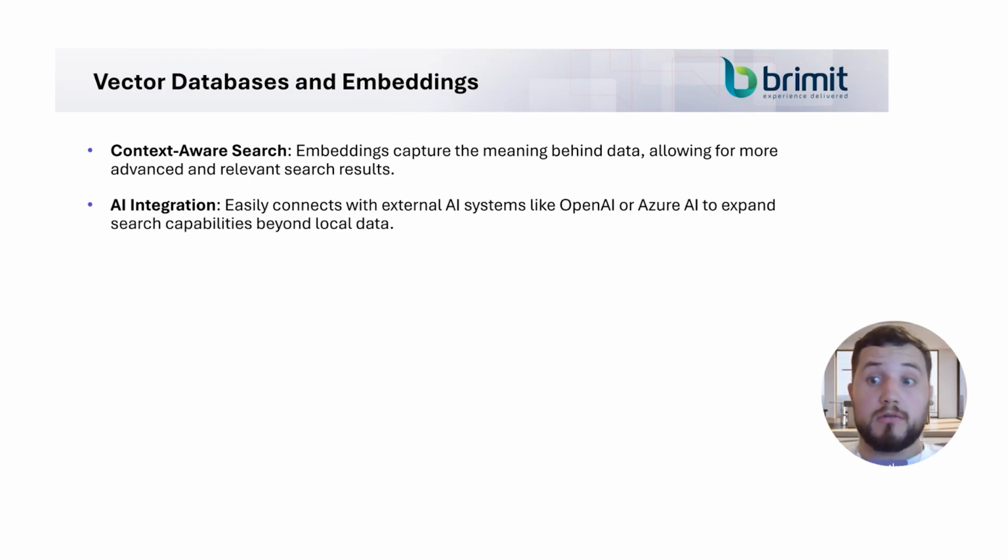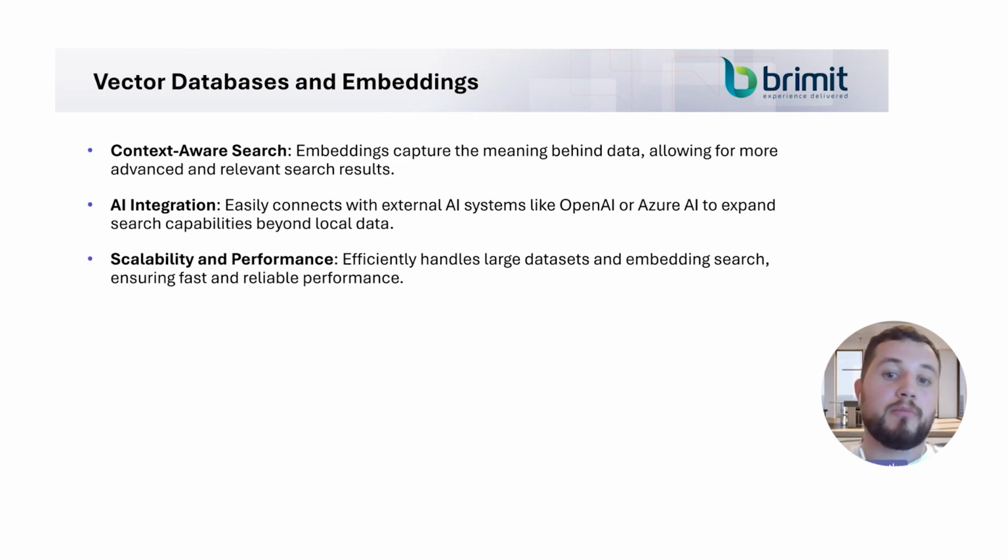What about vector databases which use embedding? We can easily connect to an AI system like OpenAI or Azure AI. This allows search to include not just data stored in this system, but also data from other sources. For example, even if a product isn't in the local database, the system can find related items using vector-based searches.